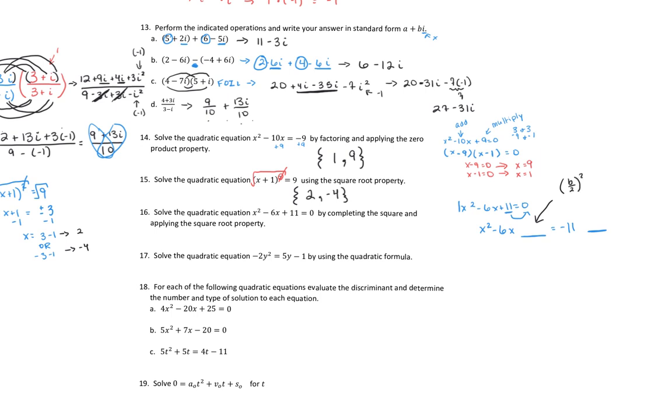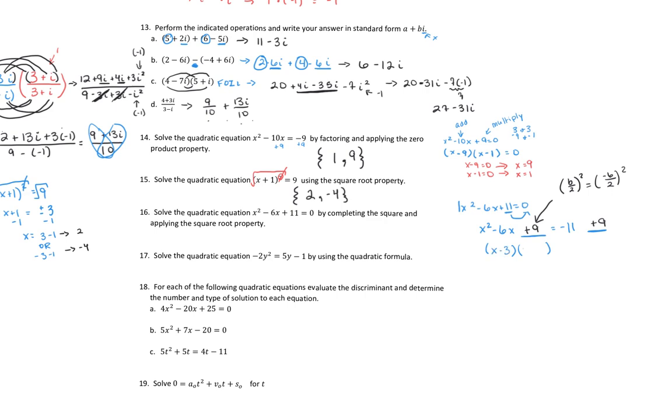In this case, our b is negative 6, and if we take it over 2 squared, we have negative 3 squared, which is just a positive 9. So we have to make sure we add this to both sides so we don't change the value of the equation we're working with.